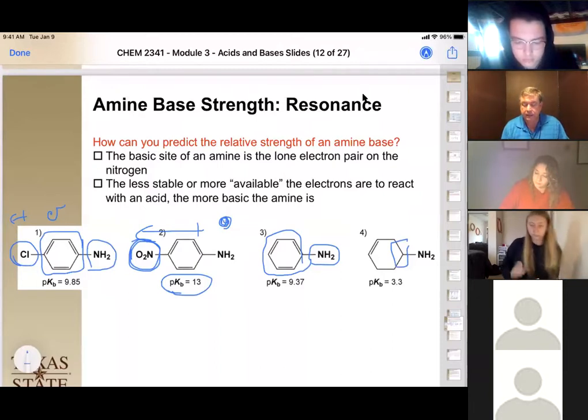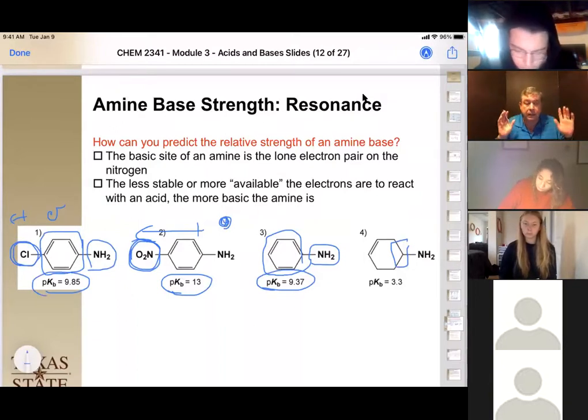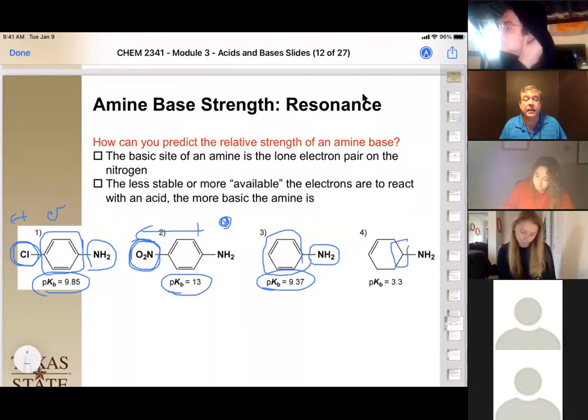making it a weaker base. Now, if we don't have that nitro group but we have this chlorine, which is a moderate electron withdrawing group, it does become less basic. But if we do not have any of those effects at all, we cannot stabilize that charge, so it becomes more basic.